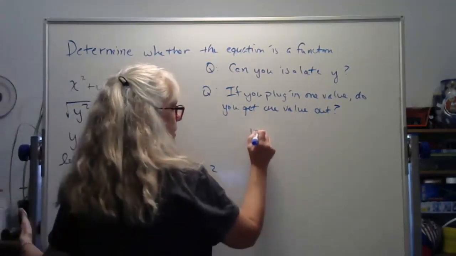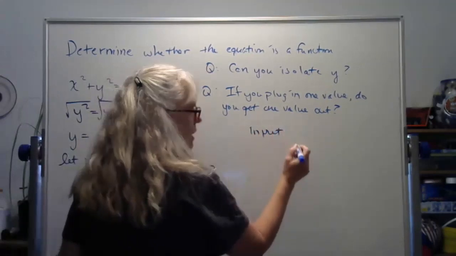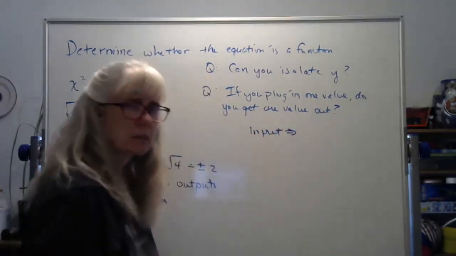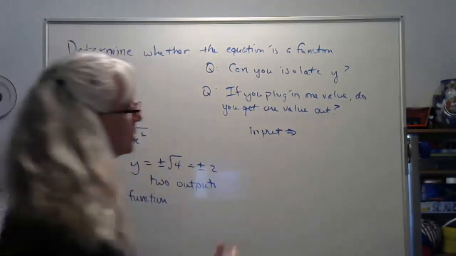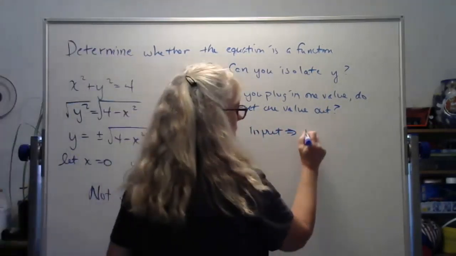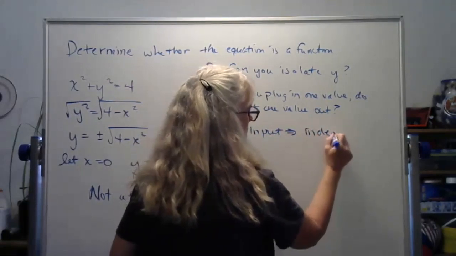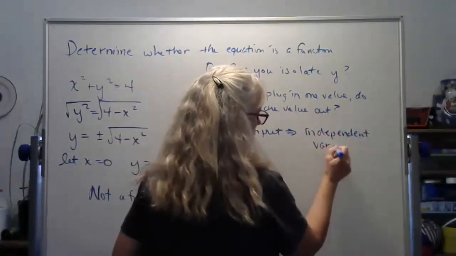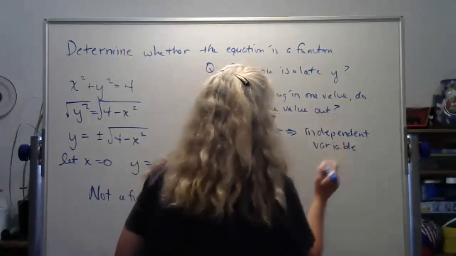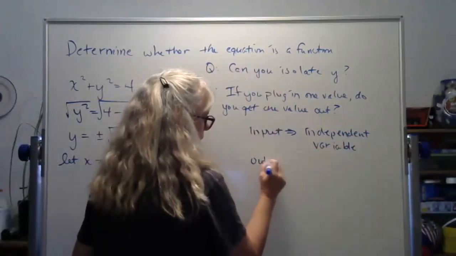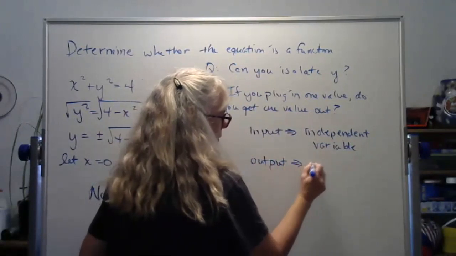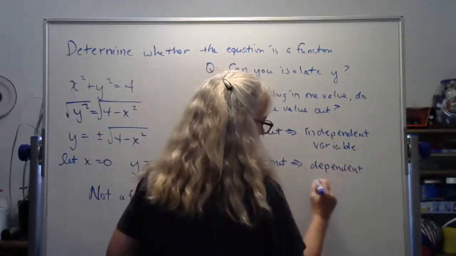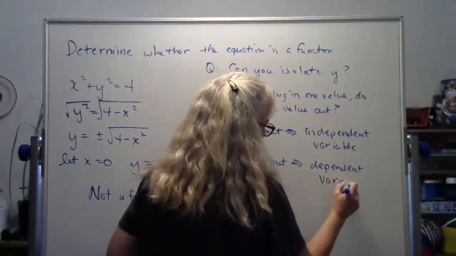So we did talk about the input being from the domain. Just as a comment, sometimes textbooks or the MyLab Math will use the idea that the input is the independent variable and that the output is the dependent variable.